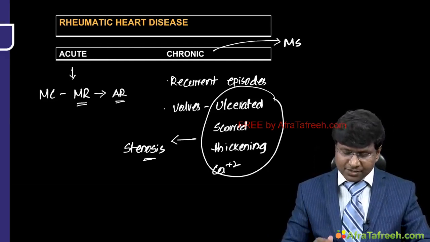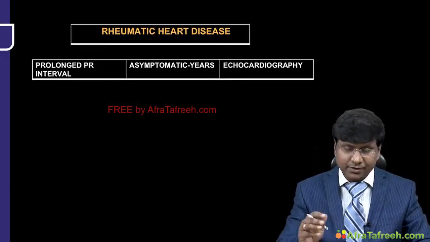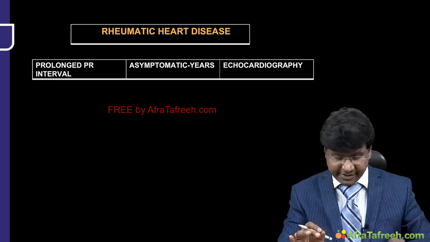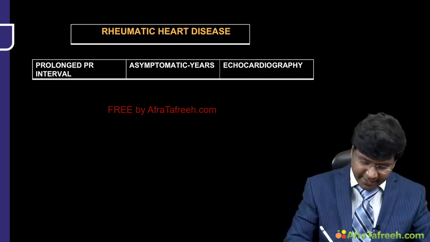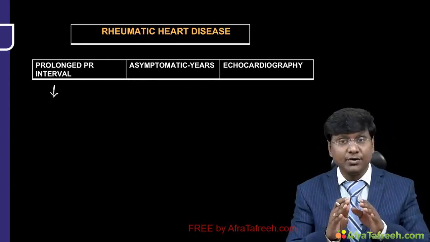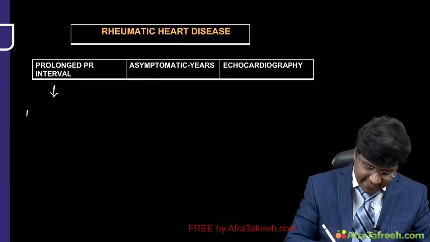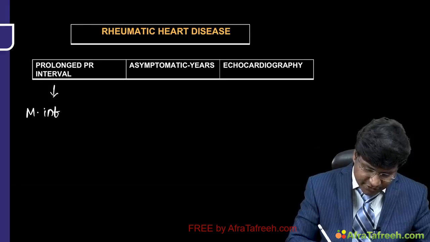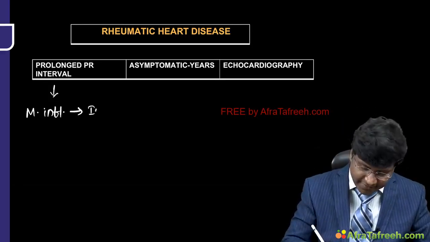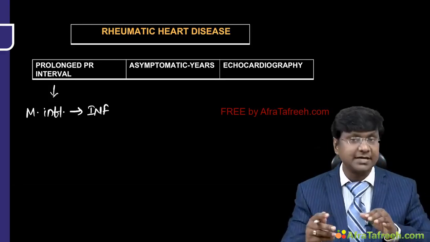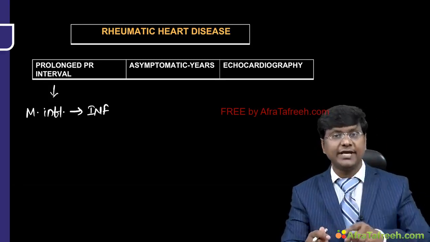Now, apart from this valvular involvement, in patients with rheumatic heart disease there will also be a prolonged PR interval. What would be the cause for the prolonged PR interval? There will be myocardial inflammation, and this myocardial inflammation can progress to the internodal fibers. Internodal fibers are those which connect the SA node to the AV node.